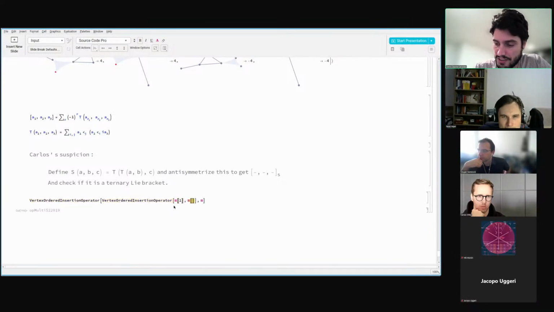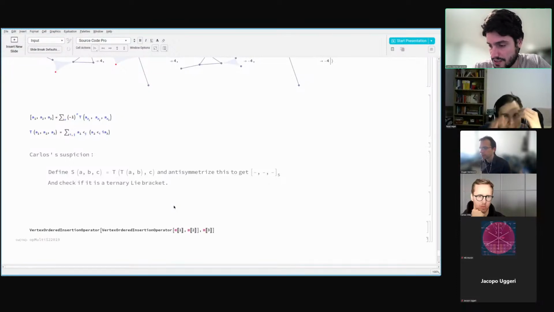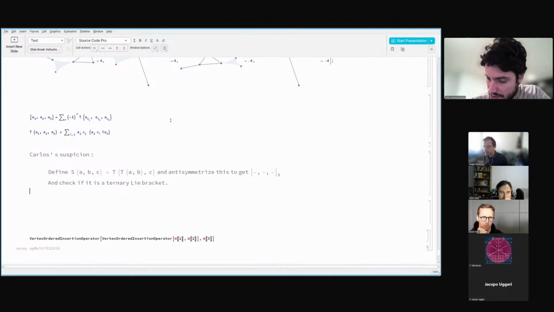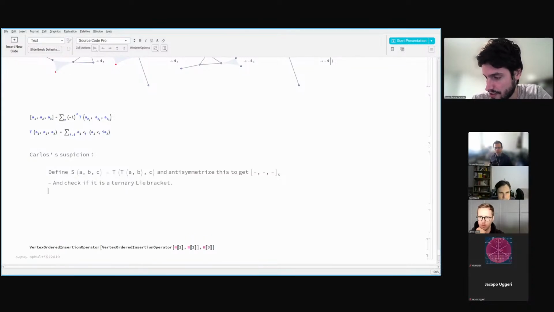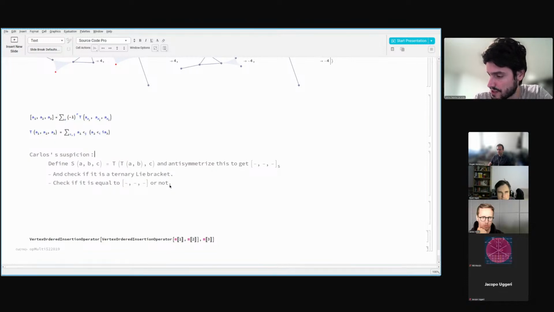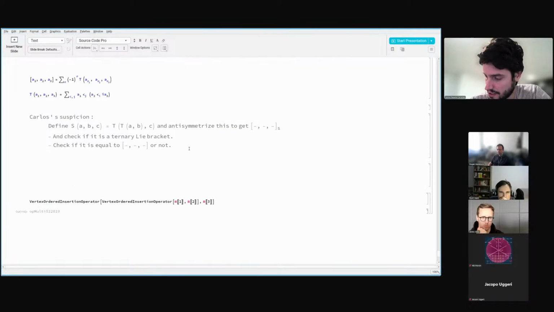So if T defines a bracket AB as the commutator of T, the question is, if you do the antisymmetrization of the double bracket, basically what you wrote there, so if you do the antisymmetrization of S according to that, which is a triple bracket, and you fully antisymmetrize, the question is whether it equals the double Lie bracket, ABC equal question mark to bracket AB and C.